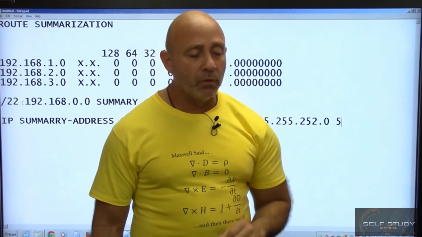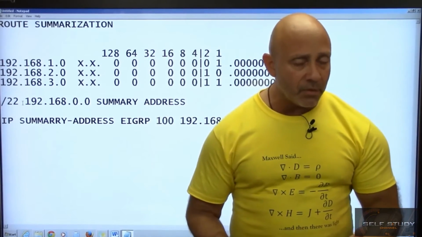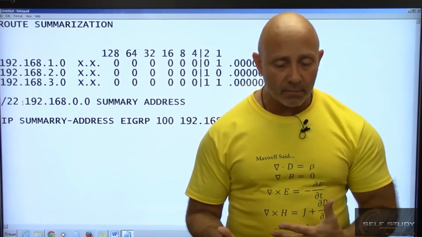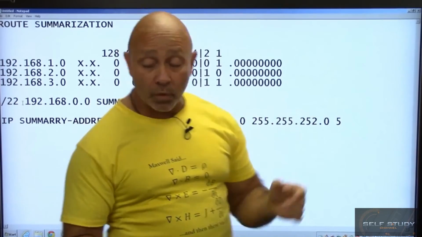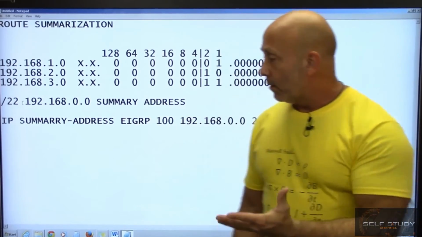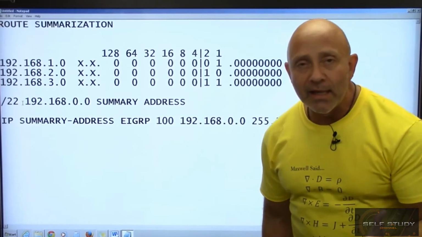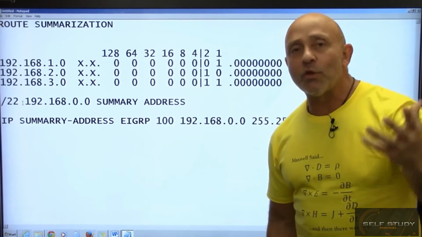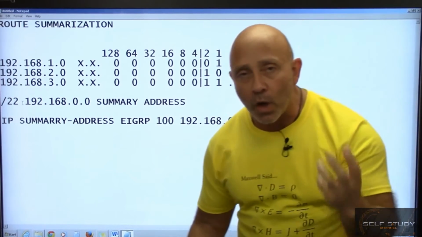Okay, but you'll see when you do that lab. We'll do a couple more examples just so you get comfortable with it. All right, that's the first example. The syntax I just wrote up there is an example of how you would use that summary address. The reason you're using it is to advertise it so you can have fewer entries in your routing tables, and that is your goal.